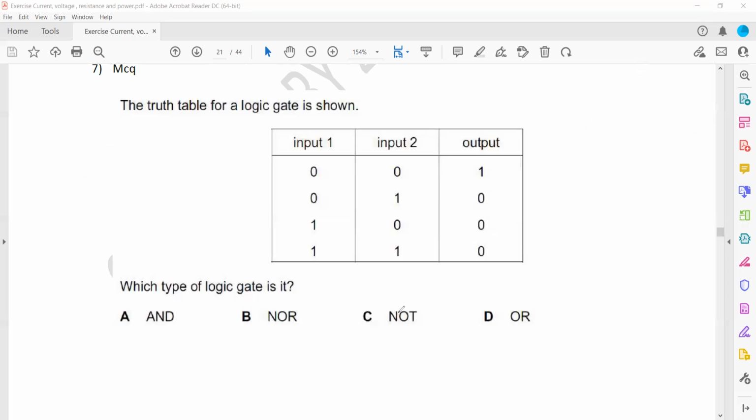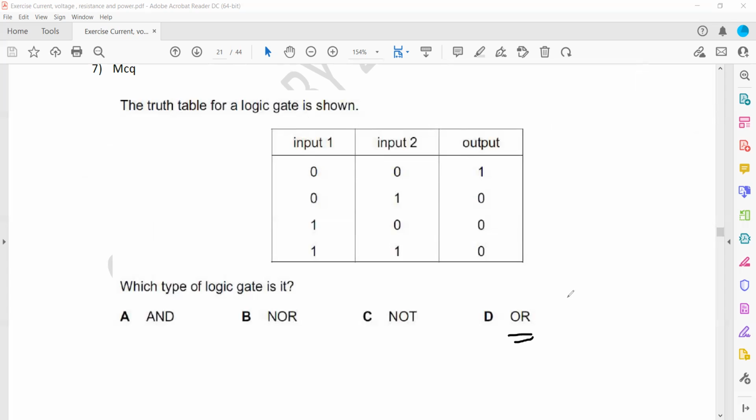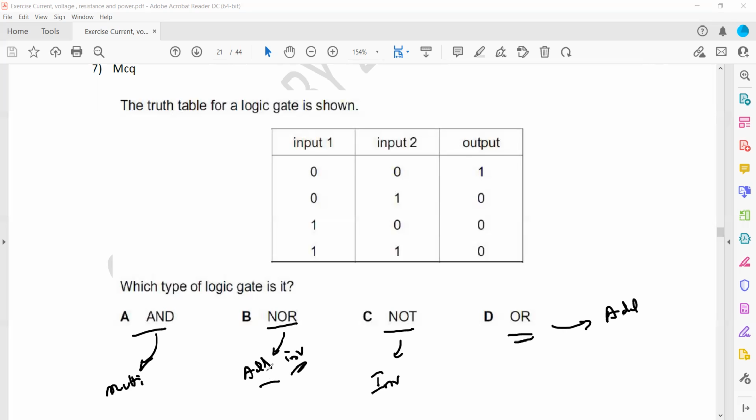It cannot be a NOT gate because a NOT gate has only one input and one output. In the question, there are two inputs and one output, so it can never be a NOT gate. For an OR gate, we get the result by addition. For a NOT gate, we get the result by inversion. For an AND gate, we get the result by multiplication. And for a NOR gate, we get the result first by addition and then by inversion.